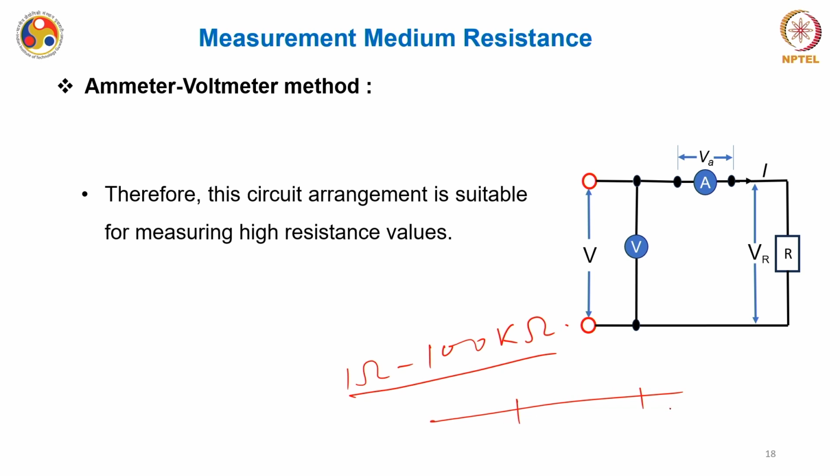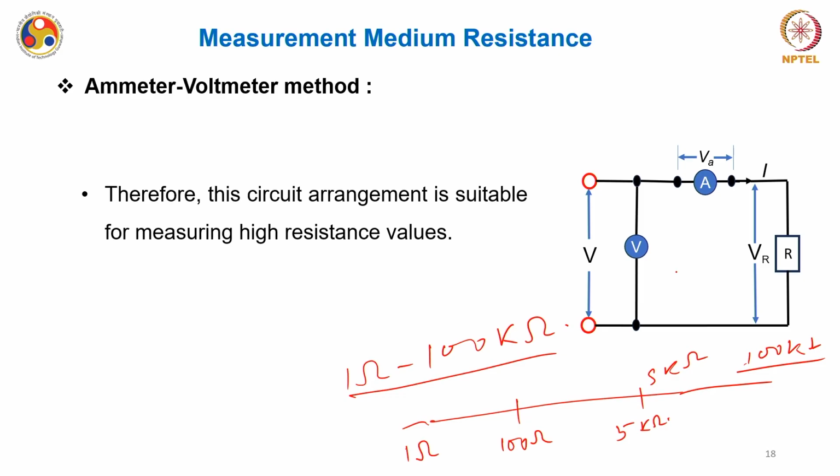So, I can have a range of say 1 ohm to 100 ohm, or say 500 ohm, or say 0.5 kilo ohm, and then from 100 ohm to say 5 kilo ohm, and then 5 kilo ohm to say 100 kilo ohm. So, in the medium resistance also I have a huge spectrum, because I am covering a very large range of resistance from 1 ohm to 100 kilo ohm.